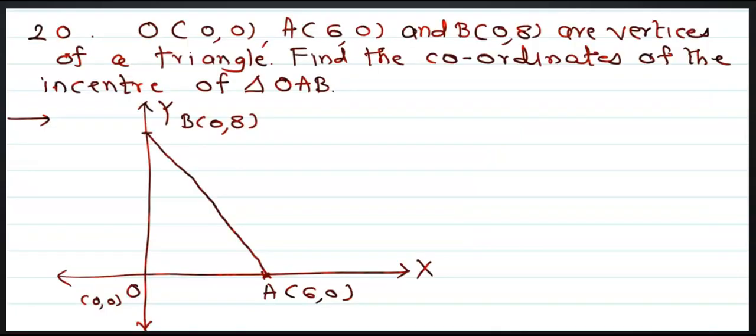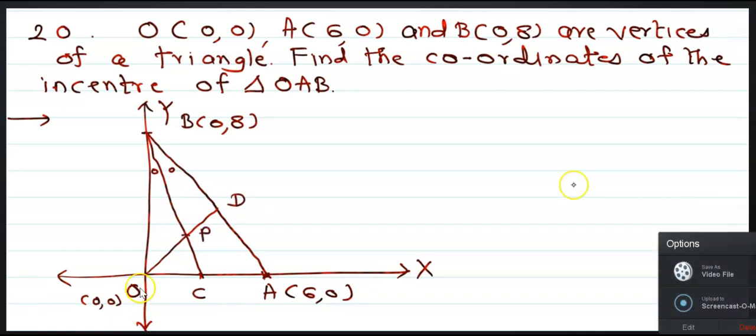To find the incenter, we require the angle bisectors. Therefore, we are considering the angle bisector of OBA, and the second bisector of BOA.